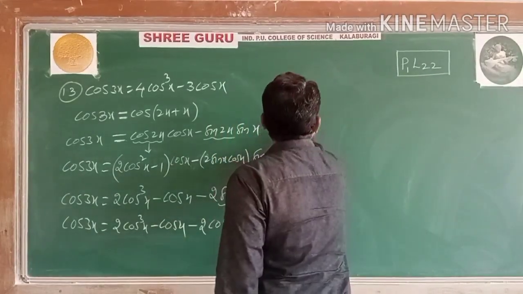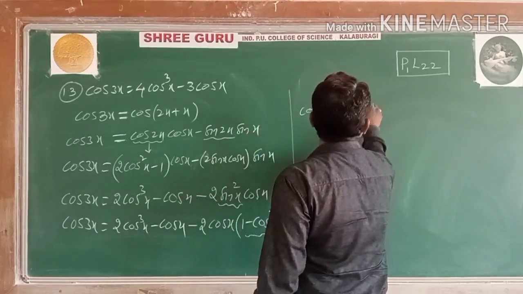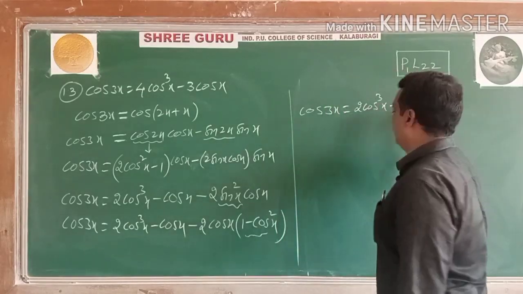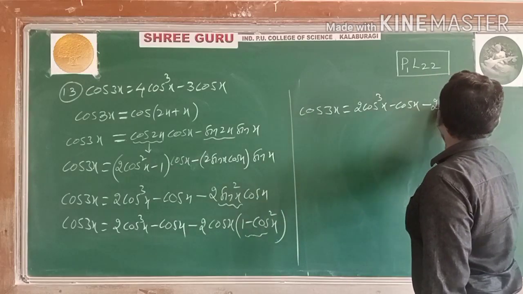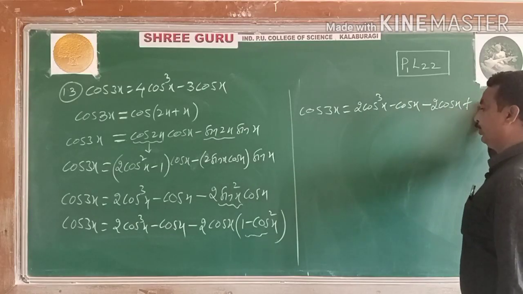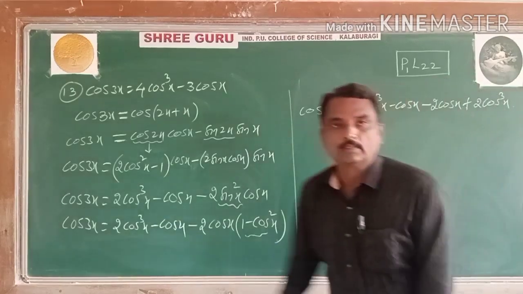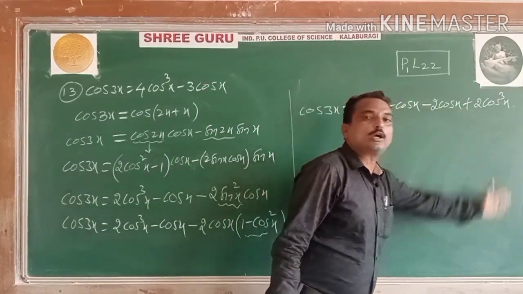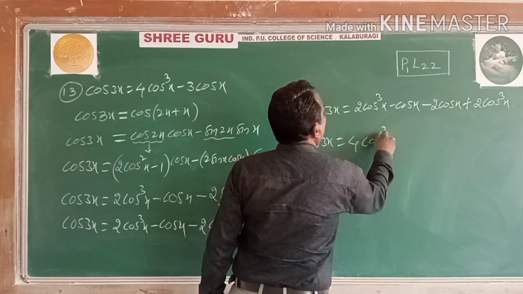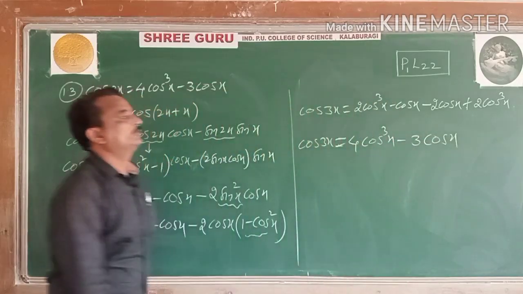Therefore cos 3x equals 2 cos cube x minus cos x minus 2 cos x, minus of minus plus, 2 into cos x into cos square x, 2 cos cube x. See the students, 2 cos cube x plus 2 cos cube x is 4 cos cube x, minus 3 cos x.